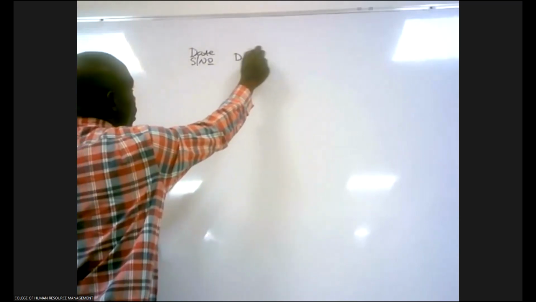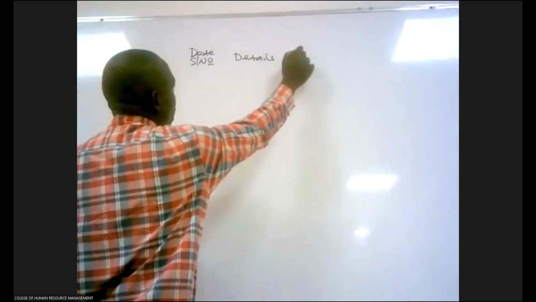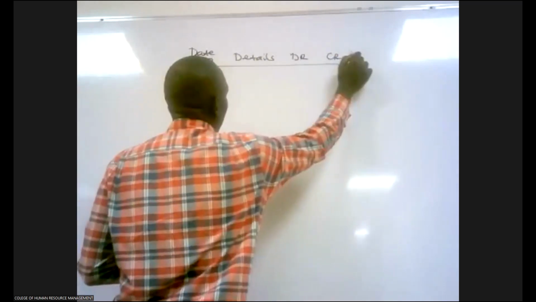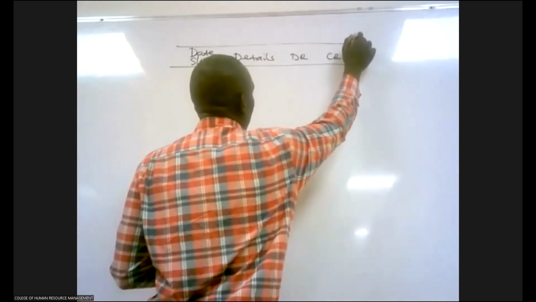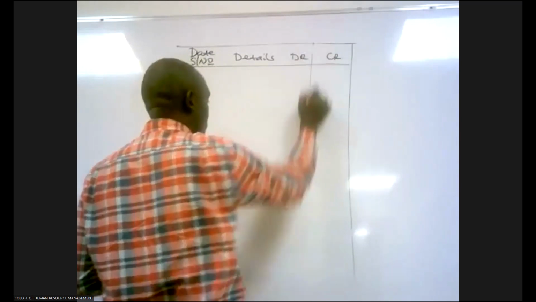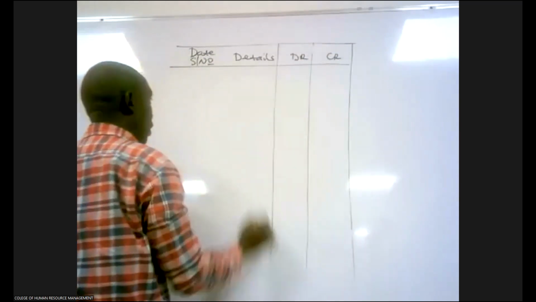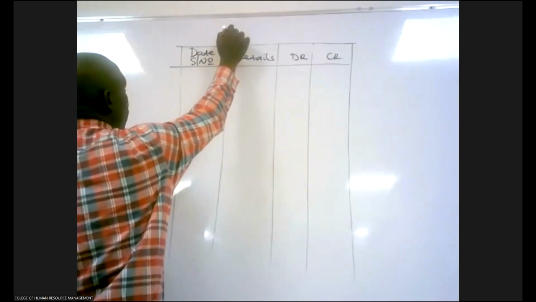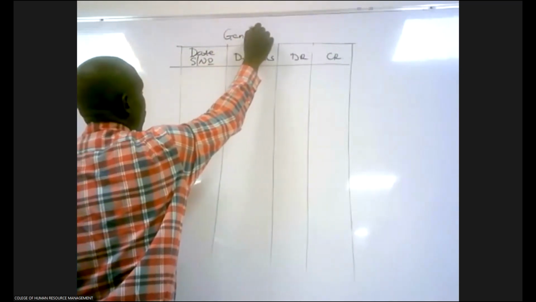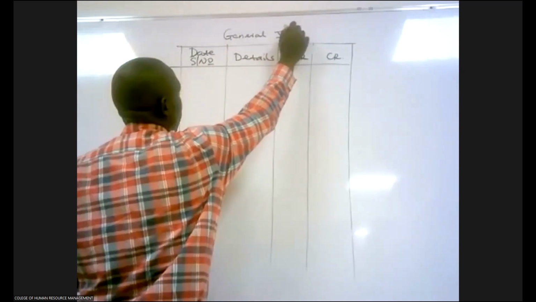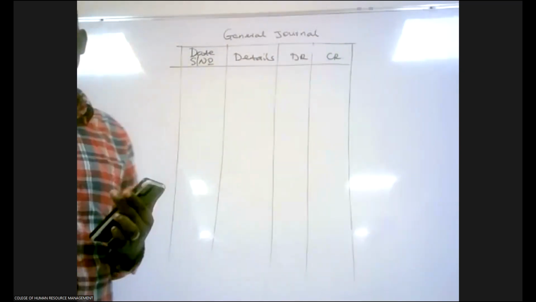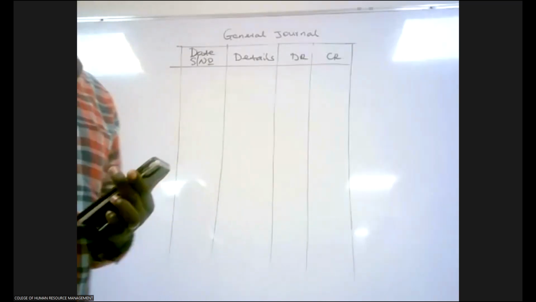Then we shall have the details. We shall have the debits and the credits. That is our general journal.